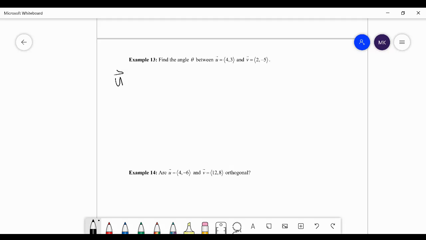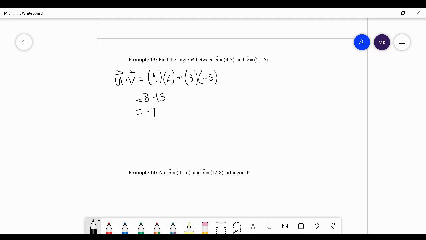So u dotted with v is equal to, I'm not going to write out these vectors, I'm just going to write out their component multiplication. So it's equal to 4 times 2 plus 3 times negative 5, which gives us 8 minus 15, which is negative 7.